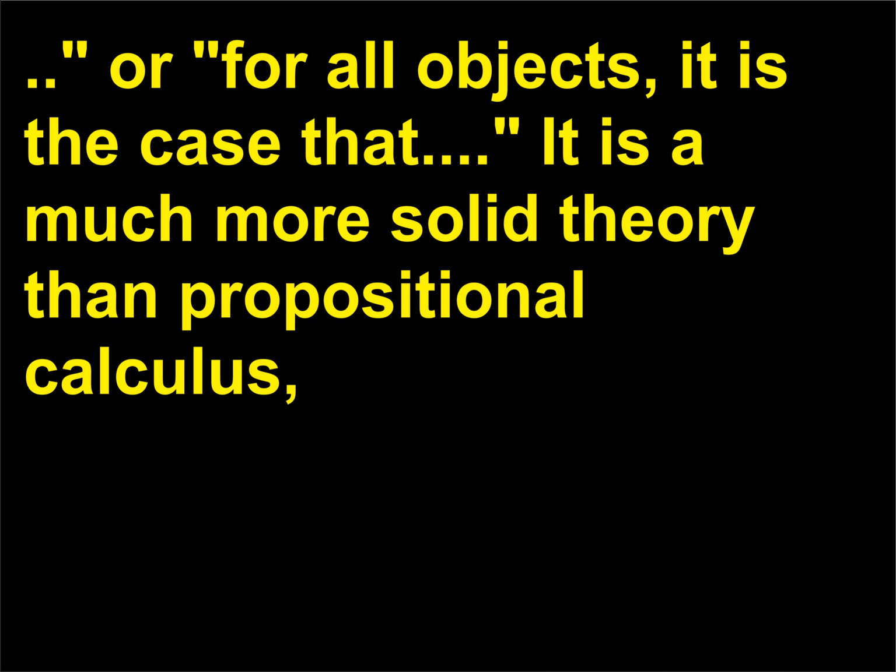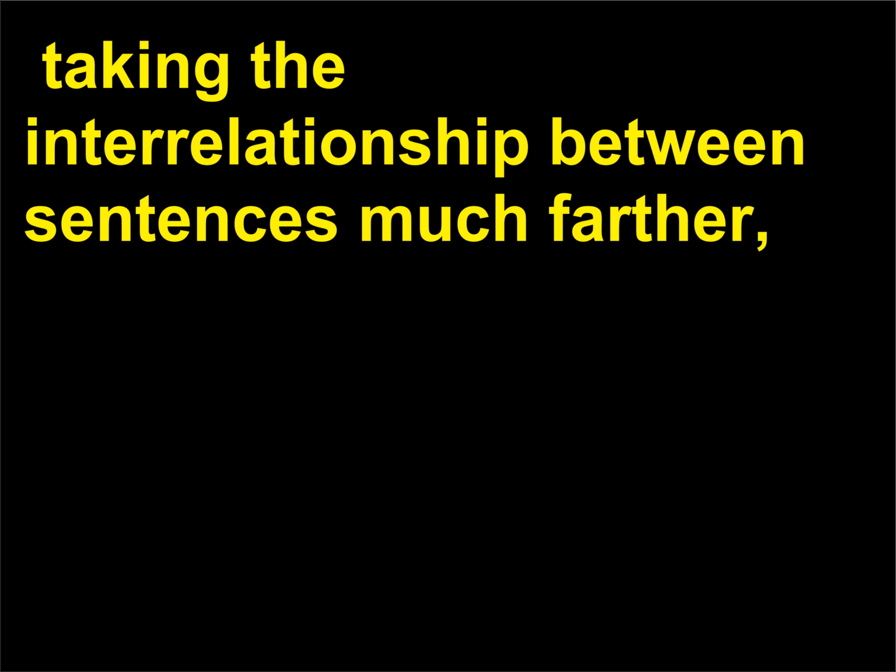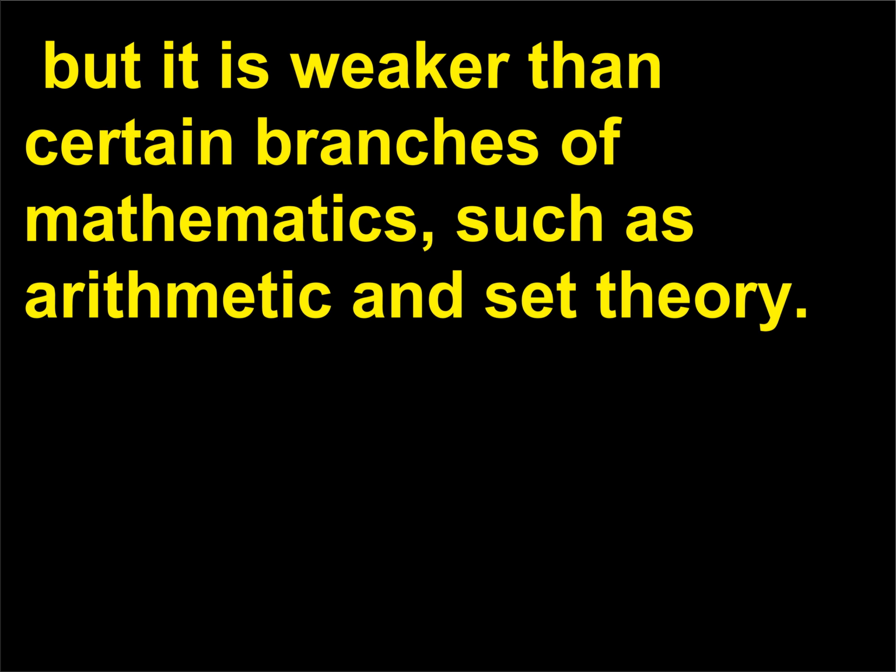It is a much more solid theory than propositional calculus, taking the interrelationship between sentences much farther. But it is weaker than certain branches of mathematics, such as arithmetic and set theory.